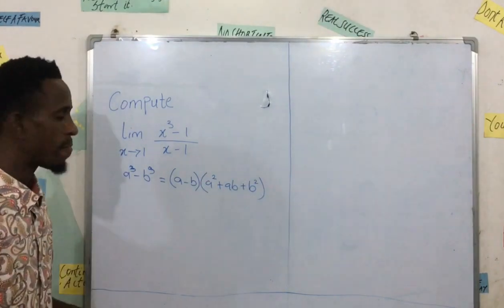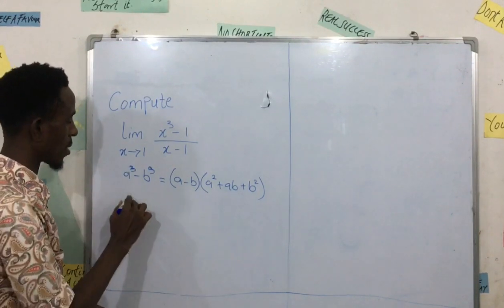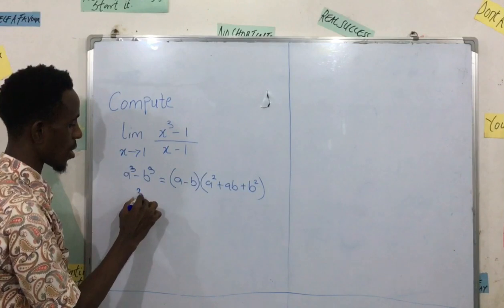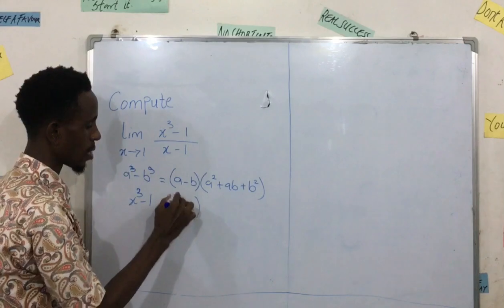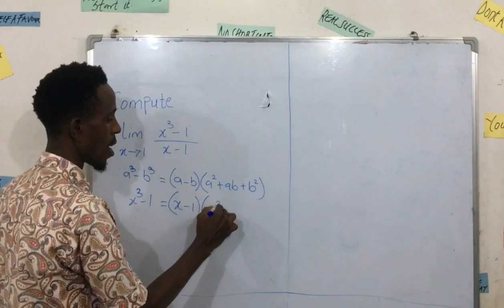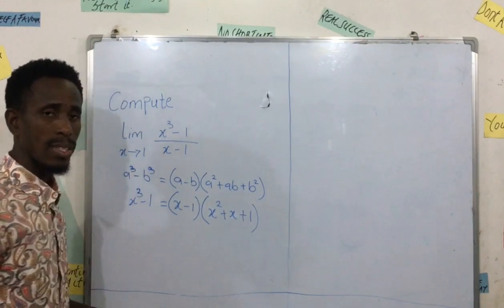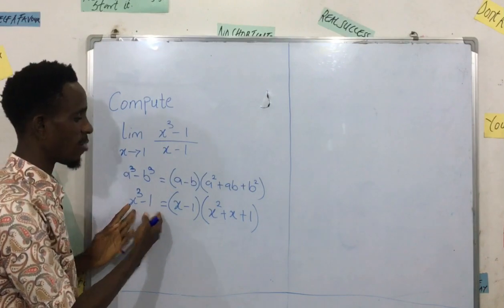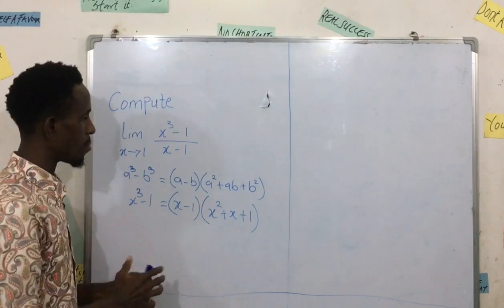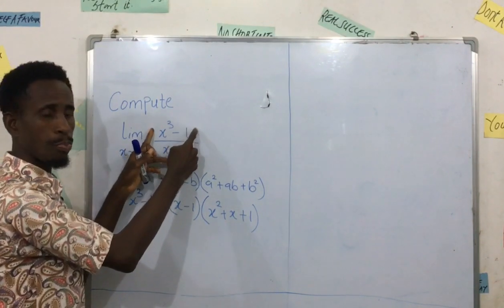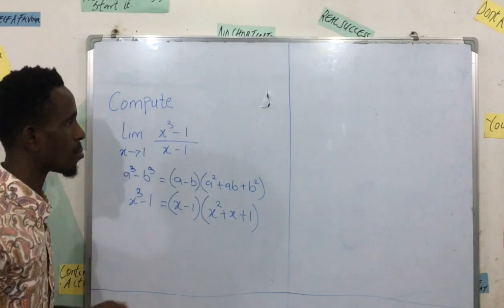So if this value is equal to this, it therefore means that I can have x cubed minus 1 to be x minus 1 into x squared plus x plus 1. So look at this carefully. If I can factorize this into this, it then means that this whole value here can also be replaced by this.